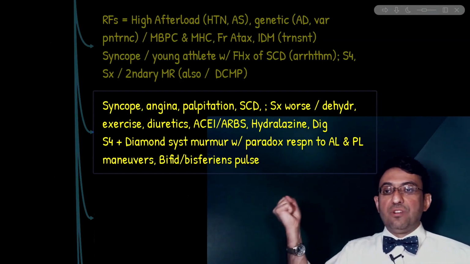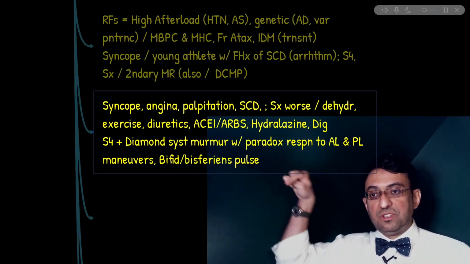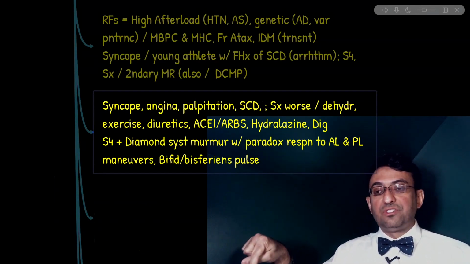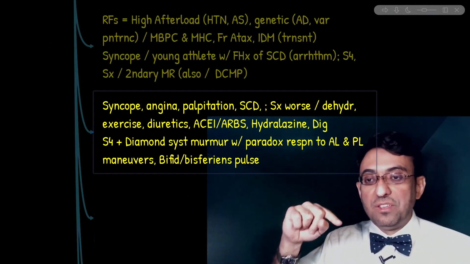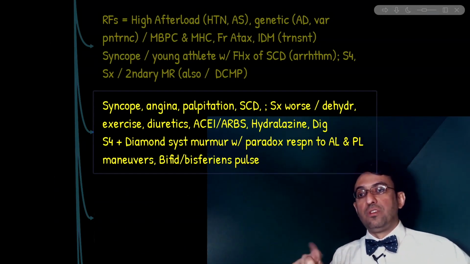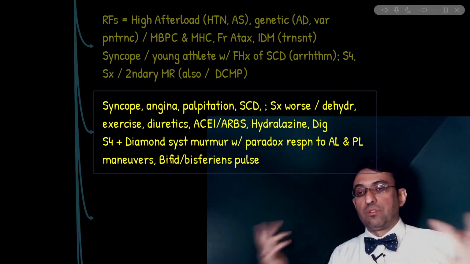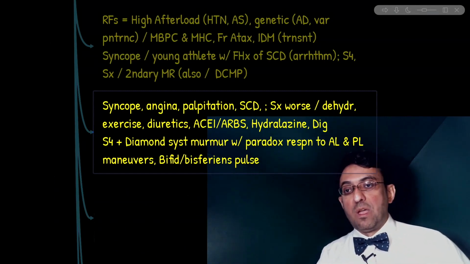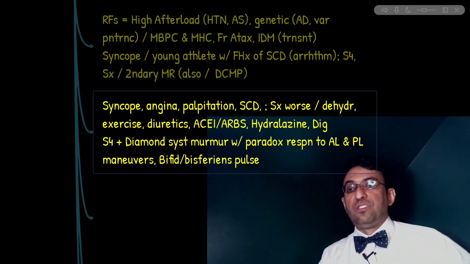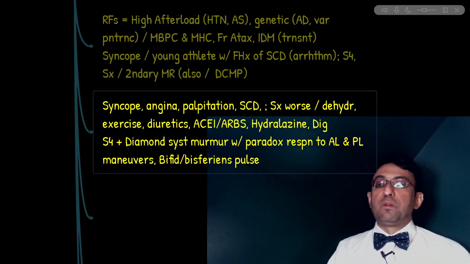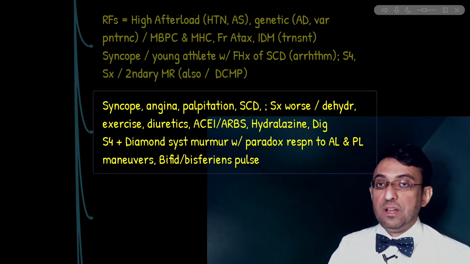That is, hand grip that increases afterload decreases the intensity of aortic stenosis. Amyl nitrate that decreases afterload increases the intensity of aortic stenosis. So they are in opposite directions. I call it paradoxical response. Mitral valve prolapse is the example of a murmur that responds paradoxically to the preload maneuvers.